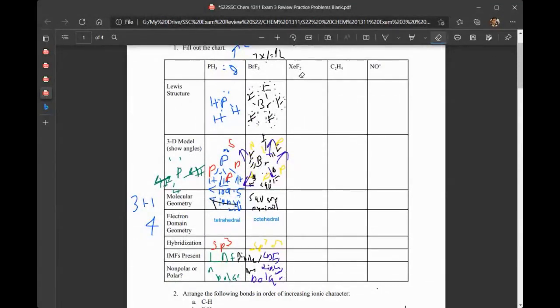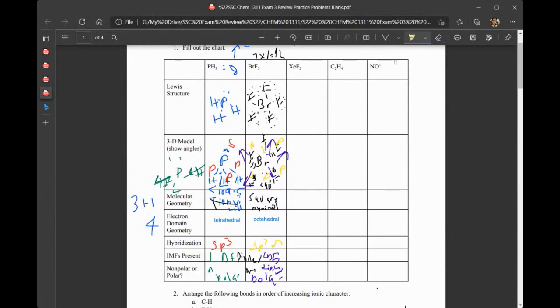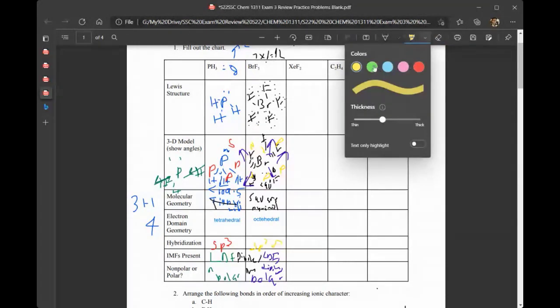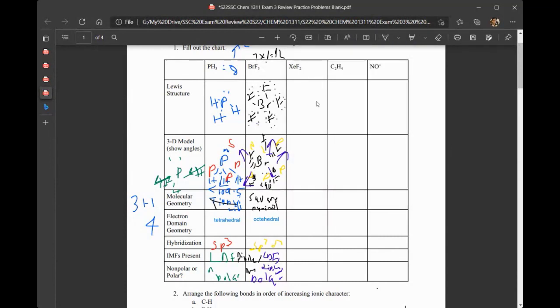Okay, so let's go ahead and draw the structure for XeF2. So counting the electrons, we have XeF2.